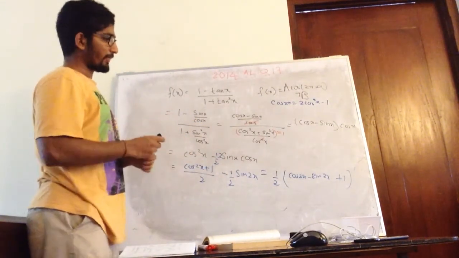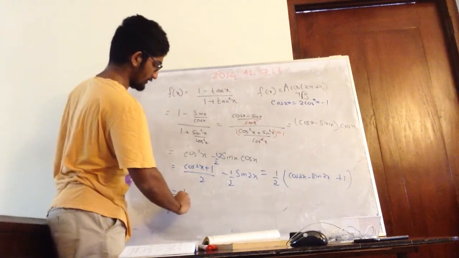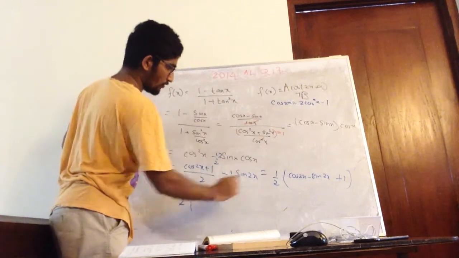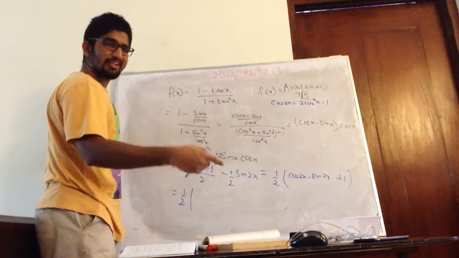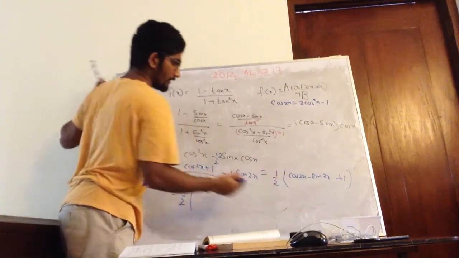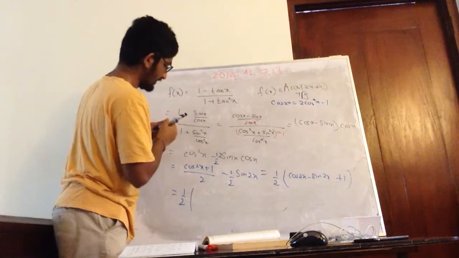So now, to formulate a triangle, the coordinates here are 1 and 1.